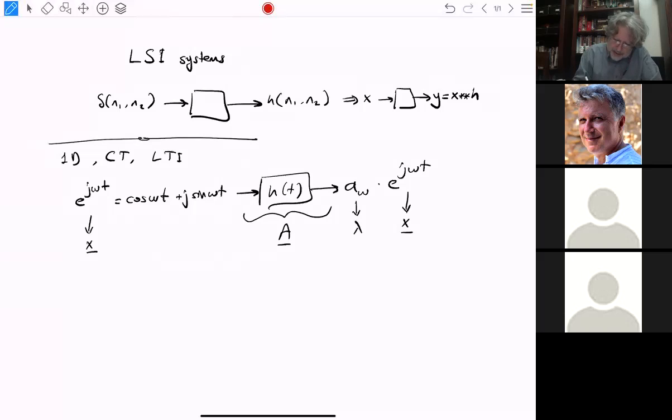So everything really looks like A times x equals lambda times x. x comes into the system and goes out of the system just by being amplified or scaled by a scaling factor lambda. There is no phase shift, sir? Yes, there is, and that is in the complex lambda. It's included. Yes, it is in this lambda, or A sub omega.